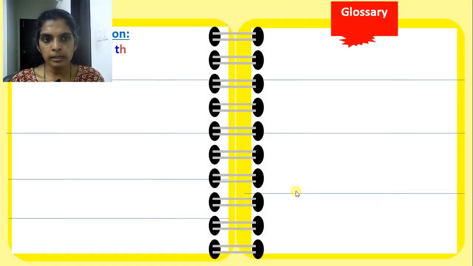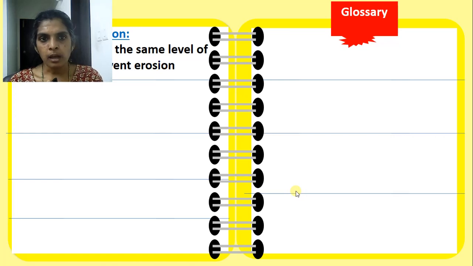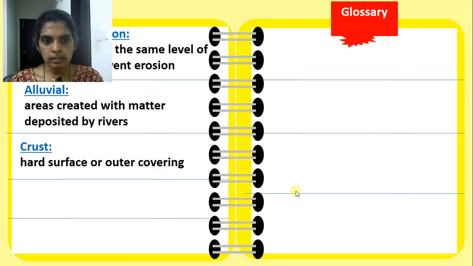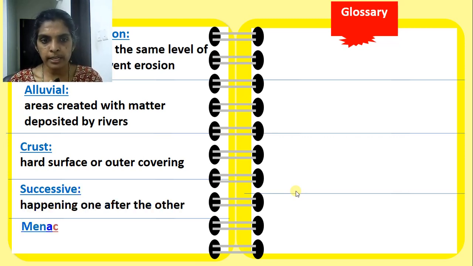Contour cultivation, cultivation along the same line of elevation to prevent erosion. Alluvial, areas created with matter deposited by rivers. Crust, hard surface or outer covering. Successive, happening one after the other.